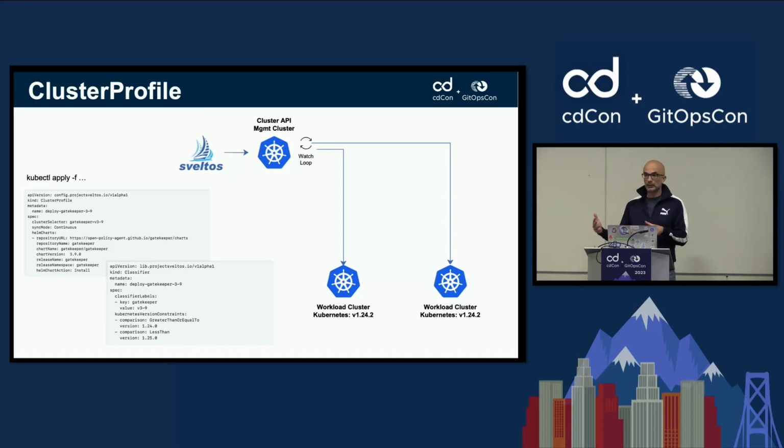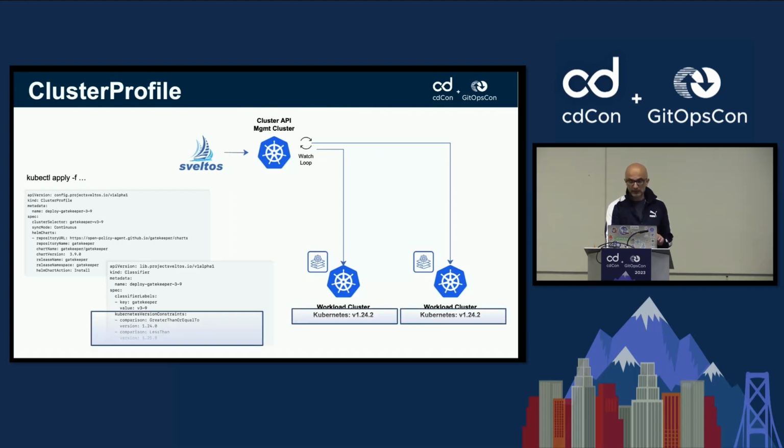Now we don't want to do that anymore. We want to delegate this job to Sveltos, because we want to have Sveltos change the labels using the cluster runtime state. So in this example, as soon as I create this classifier instance, Sveltos is going to deploy a Sveltos agent running in each of the managed clusters. This agent is going to detect that those clusters are running version 1.24.2, so they are a match for this classifier.